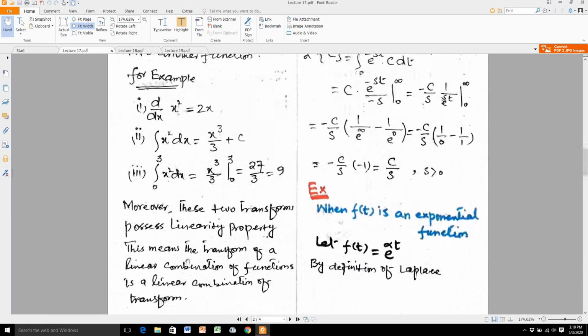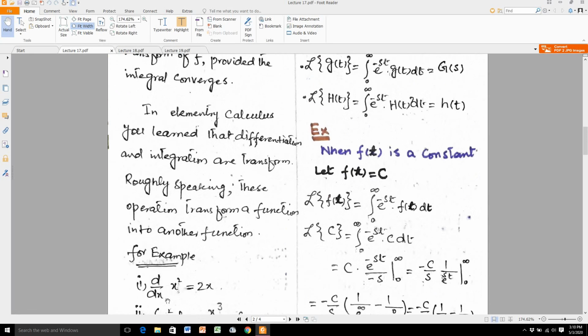This means that the transform of a linear combination, meaning the addition of different functions or different terms in a row, is a linear combination of transforms.